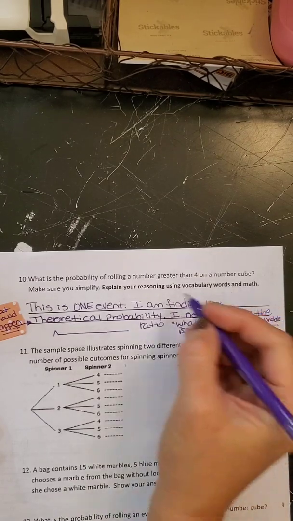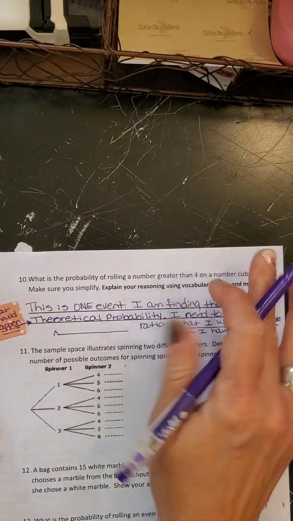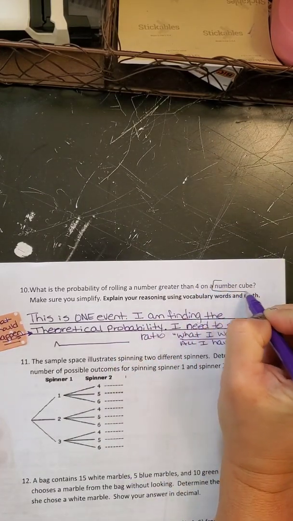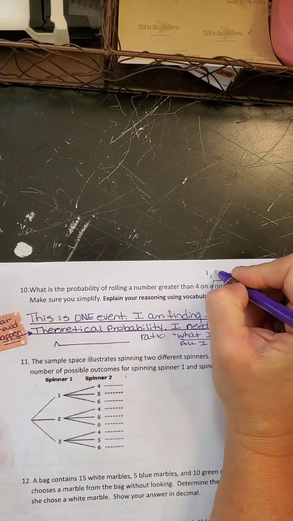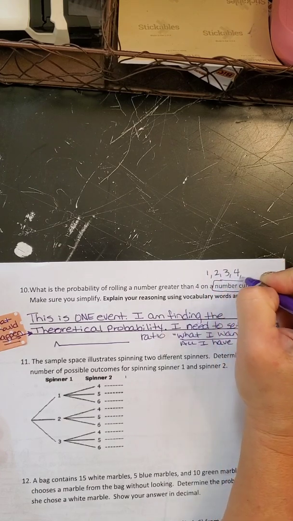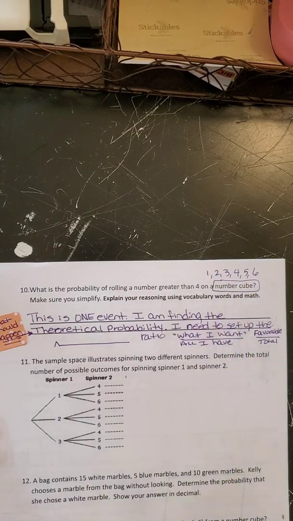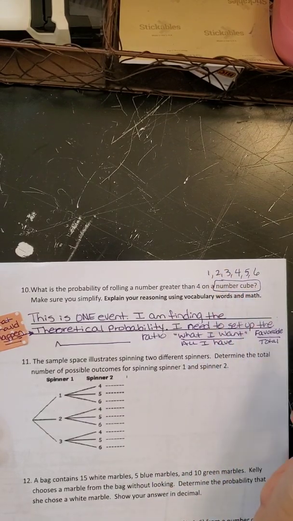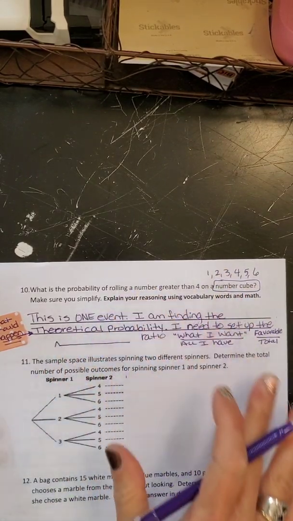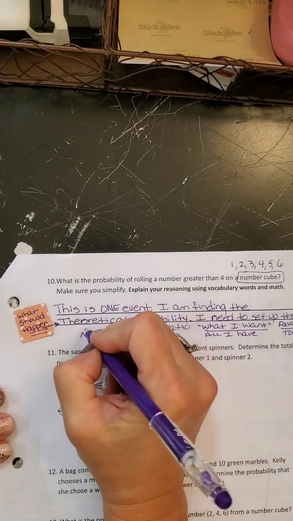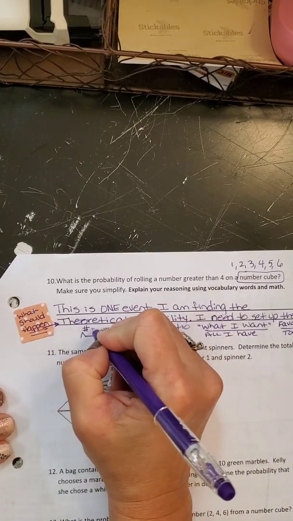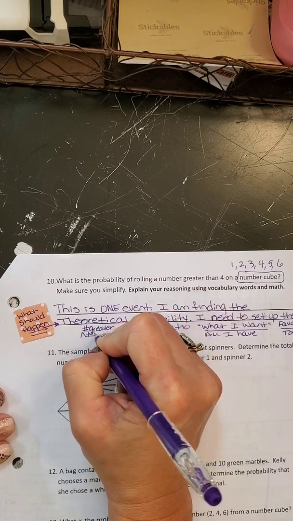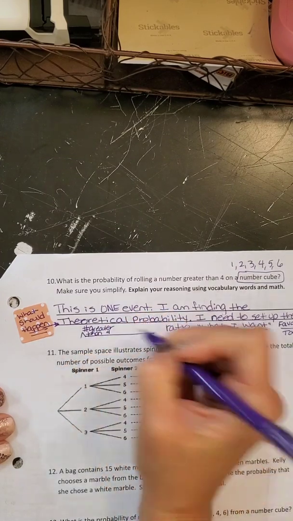What do I want? All right, let's come up here and think about our number cube for a minute. A number cube is 1, 2, 3, 4, 5, 6. It has the outcomes 1 through 6. And I want a number greater than 4. So over here, back to our bridge map, what do I want? I want a number greater than 4.